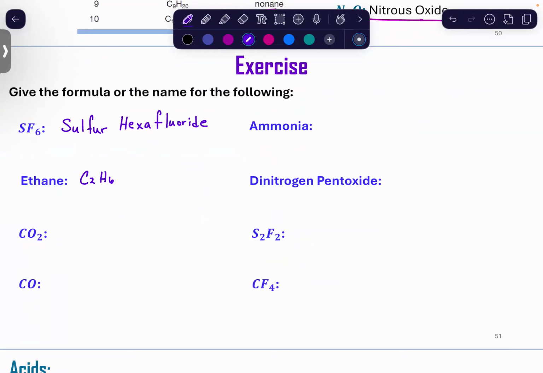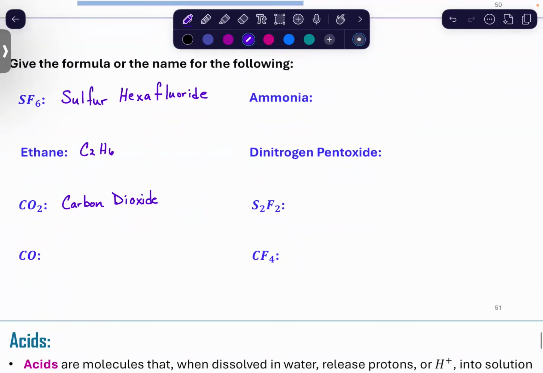CO2. Carbon. No prefix because there's just one of them. 2 oxygens. Dioxide. The next one, CO, carbon.